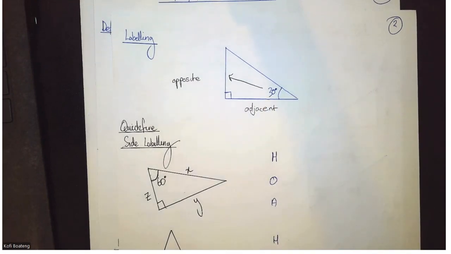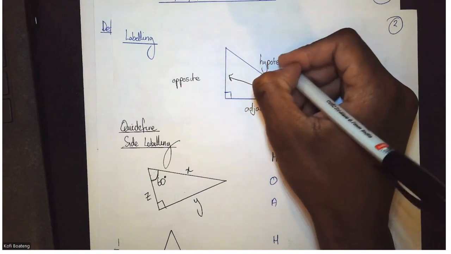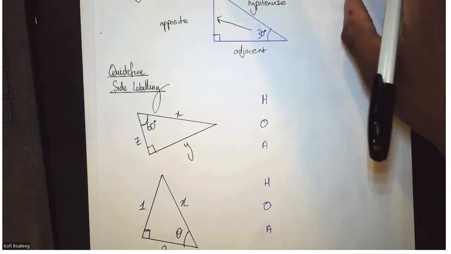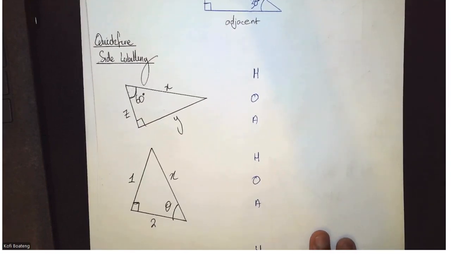And the side that is always the longest side in a right angle triangle, or the side opposite the right angle, is called the hypotenuse. You should be really confident with this because you won't be able to access the question without this basic level of understanding. Now, let's look at some examples in terms of how to label the sides accurately.